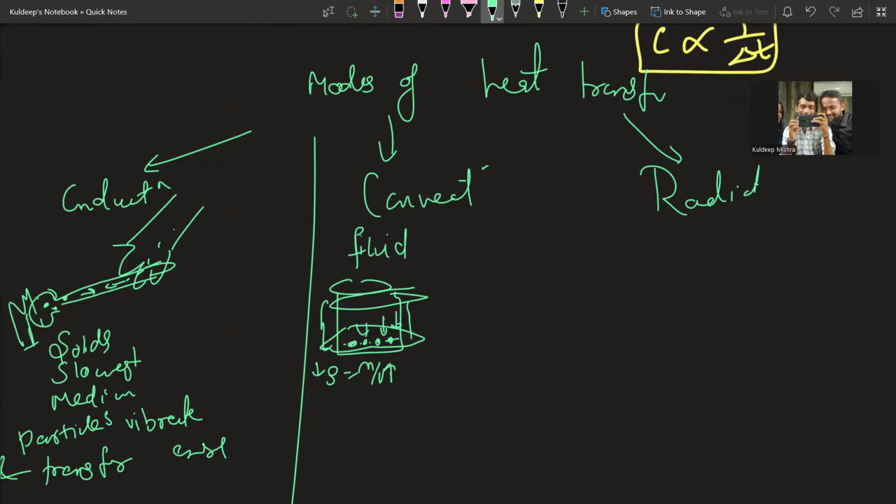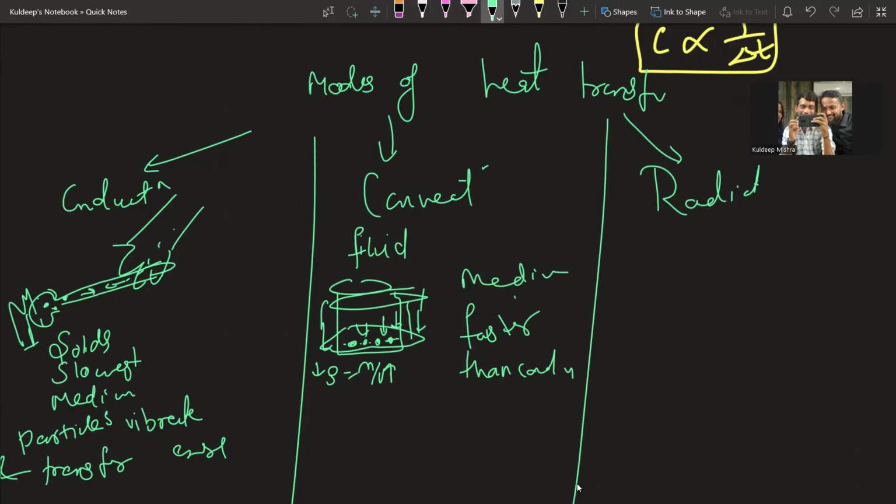Each layer gets heated up, expands and rises, and the next layer comes down till the entire liquid has reached a constant temperature. This happens only in fluids. It also needs medium. It is faster than conduction. And obviously the molecules actually leave their place. Molecules go from one place to another.